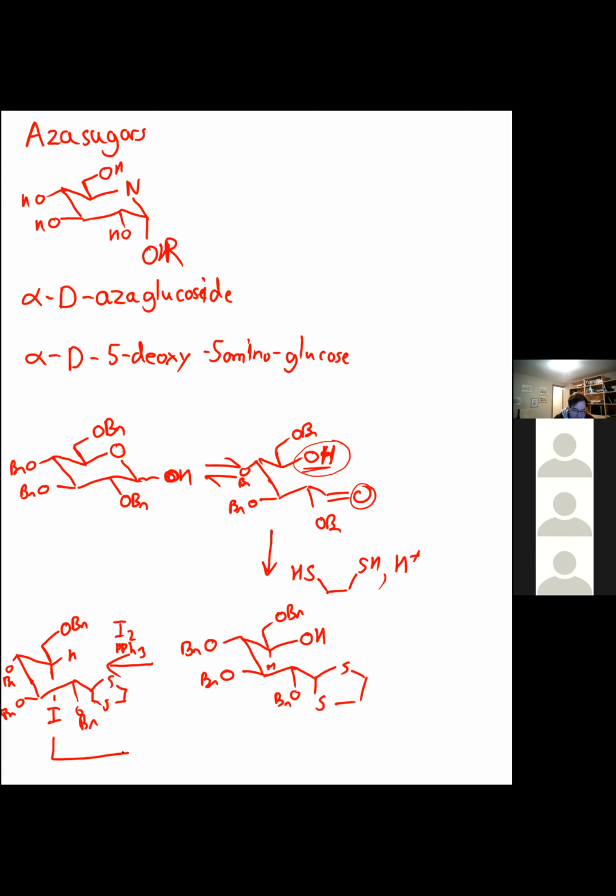And then we can take that and treat that with sodium azide. And of course, it's going to attack the iodide, and then we can get our stereochemistry back. We can get our azide back. Nothing happens to anything else on the molecule.